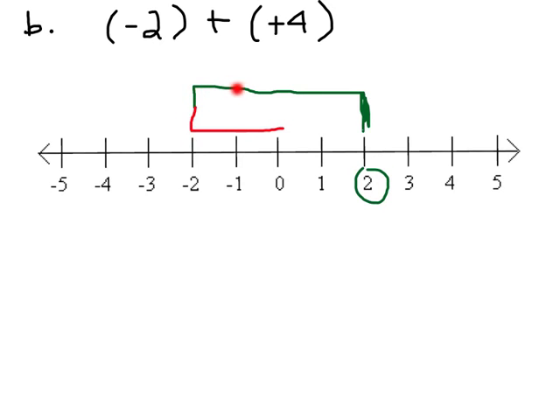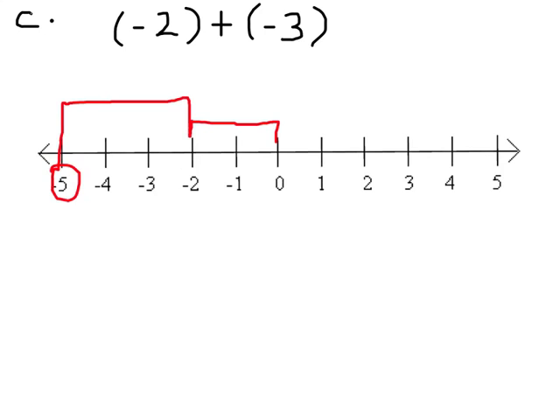So 1, 2, 3, 4, and I end up at positive 2. Again, if you did it the other way we said, you've got 4 minus 2 is 2, and 4 is the larger number, and it is positive, so our answer would be positive 2.